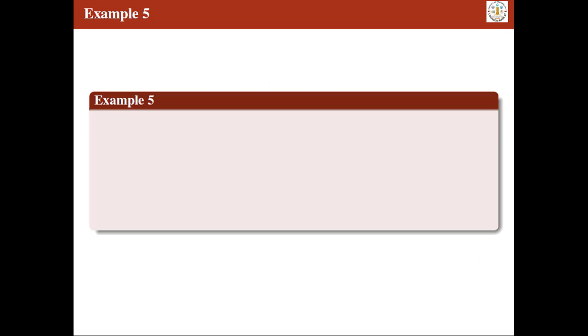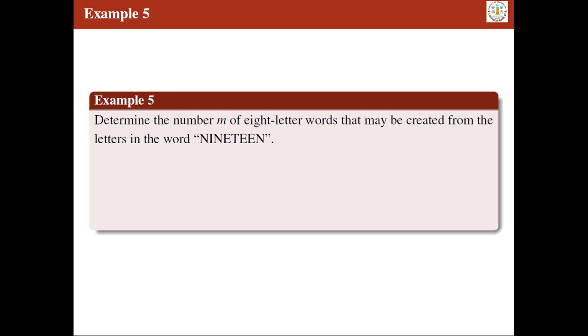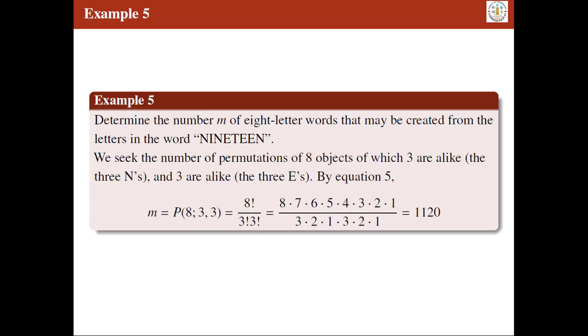Let's have this example. Determine the number m of 8-letter words that may be created from the letters in the word. We seek the number of permutations of 8 objects of which 3 are alike, the 3 n's, and 3 are alike, the 3 i's.